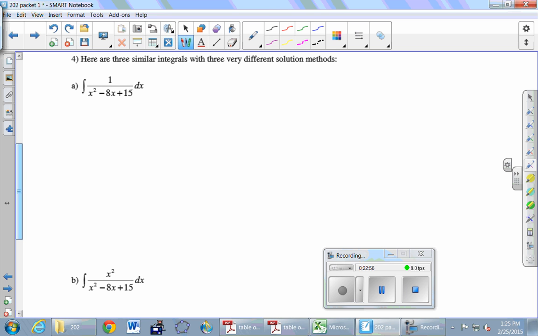Again, looking for something in the table that has a chance at matching this guy right here. So what we've got is a polynomial in the bottom. Any of these things look like polynomials in the bottom? Look at section Roman numeral 5, which says quadratic in the denominator. Which is exactly what we have here.